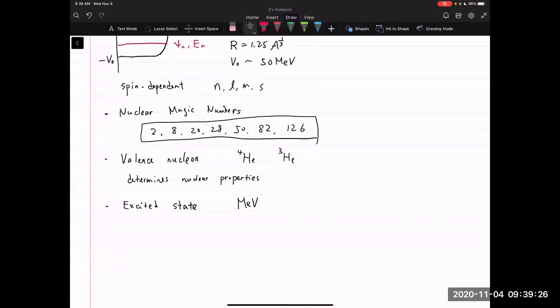The separation of gamma ray and X-ray is around 1 MeV, actually slightly less than 1 MeV, but roughly MeV. So if this difference in the energy levels is a few MeV, then the energy that gets released is in the form of gamma ray. And this is the process of so-called radioactive decay.